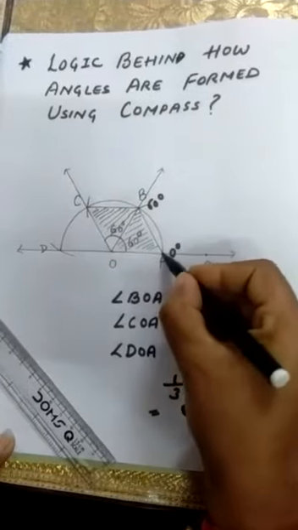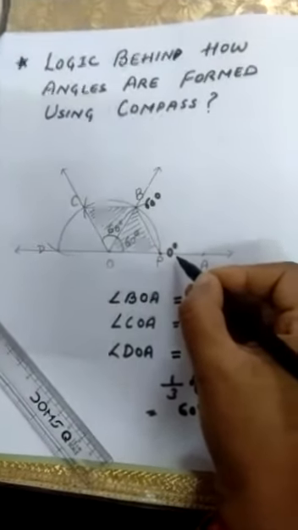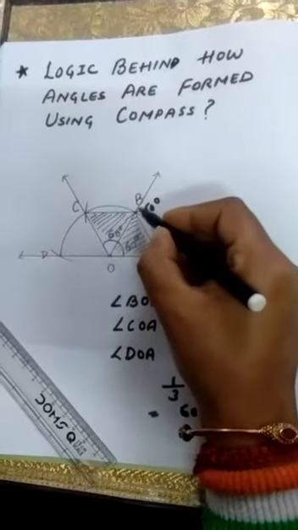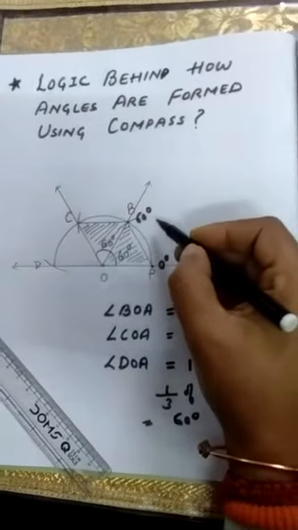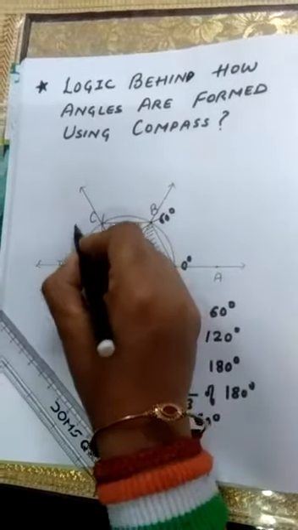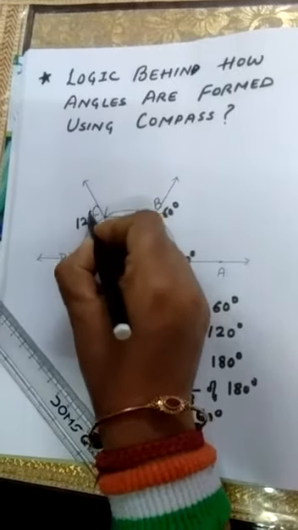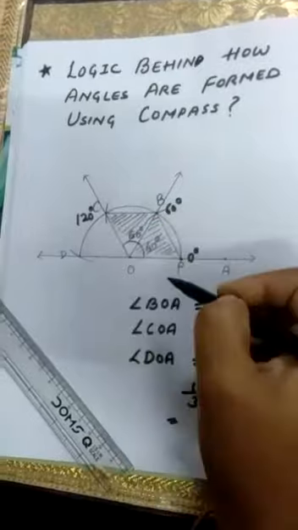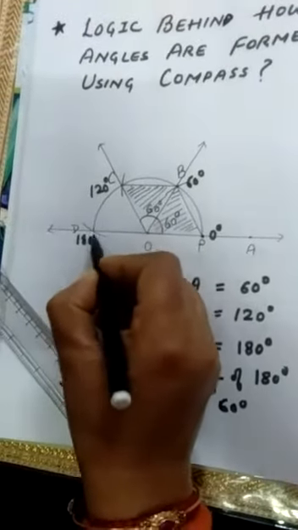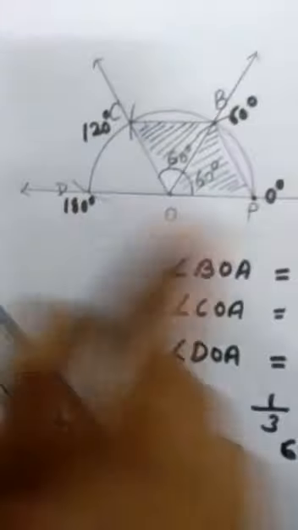First, this point P represents the angle of 0 degree. Point B, the first arc on this semicircle, represents the angle of 60 degree. The second arc represents the angle of 120 degree at point C. And the third arc represents the angle of 180 degree.